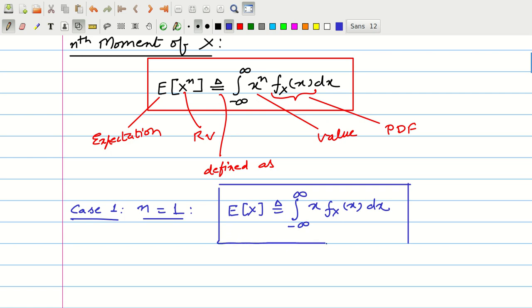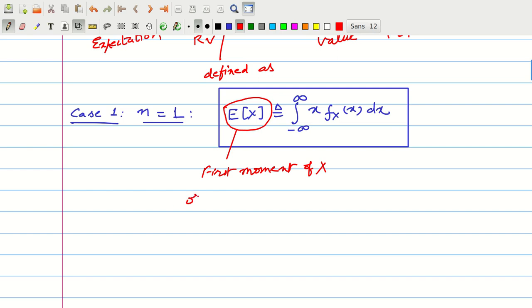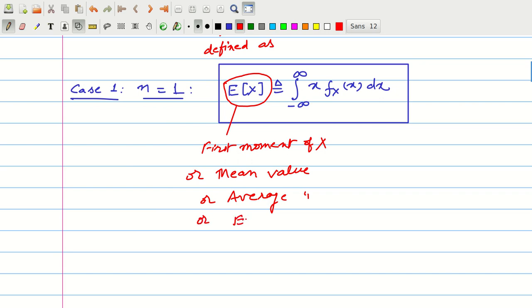In this expression, the term E of X, which is the first moment of X, is also called the mean value of X, or just the mean of X, or the average value of X, or just the expectation of X. And is also denoted by some other symbols as X bar or mu_X or simply mu.